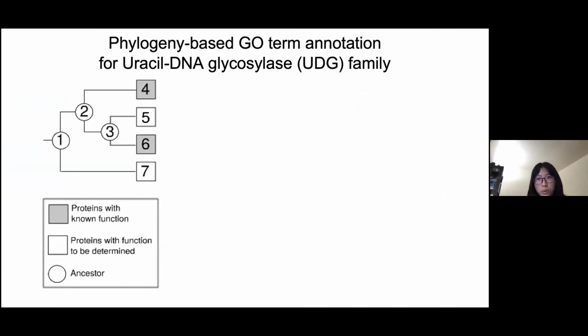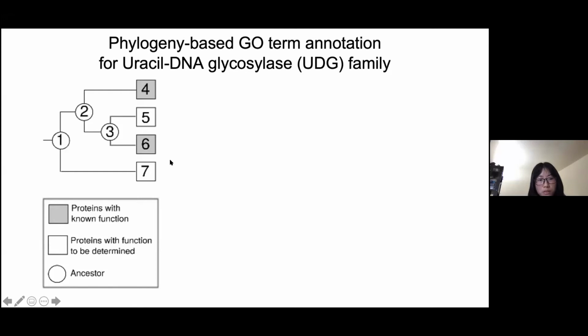So next, we want to know the principle of the IBA method, and also why IBA misannotated these proteins. So here is the principle of the IBA method. We can see that 4, 5, 6, 7 are the proteins, and 1, 2, 3 with a circle are the ancestors. The 4 and 6 with the green square are the proteins with known function.